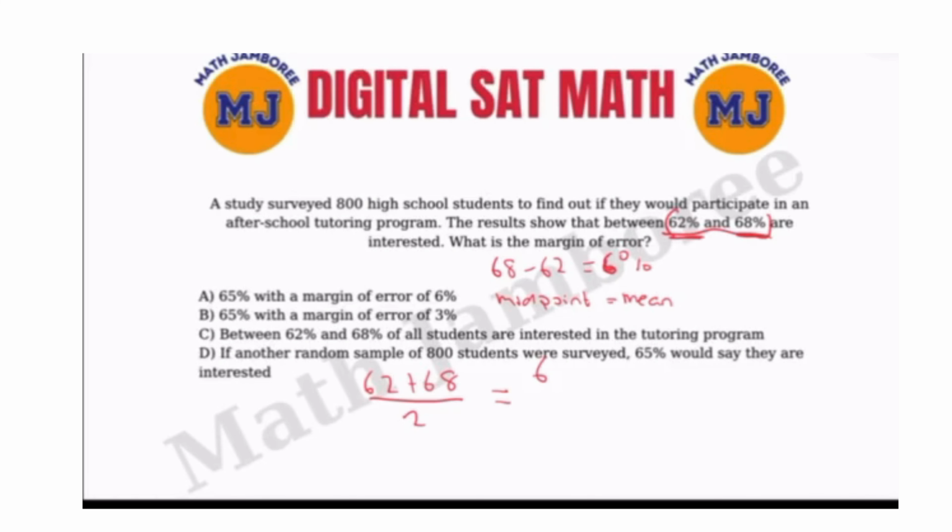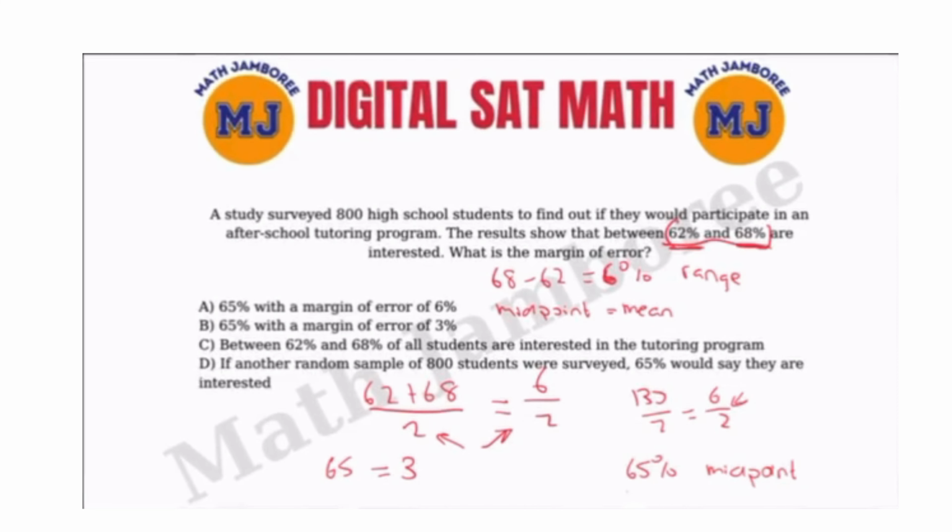And 6, our range, divided by 2, because since we divide by 2 on this side, we have to divide by 2 on this side as well. So 62 plus 68 is 130, and if we divide that by 2 we're gonna get 65, and here 3, so 65 is our midpoint, and 3% is our margin of error.